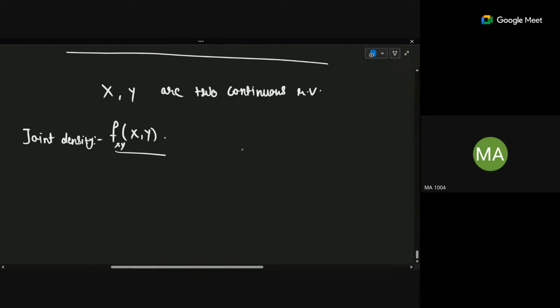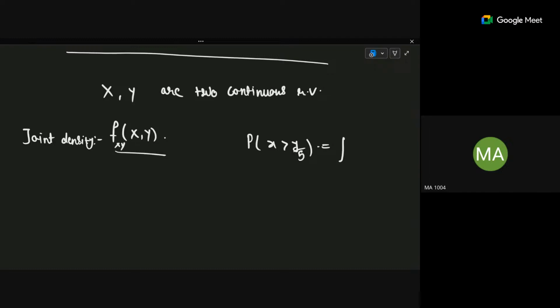By using this joint density, you were able to find the probability of any required region, for example x less than y, or x greater than y by 5, and that kind of thing. How do we calculate it?